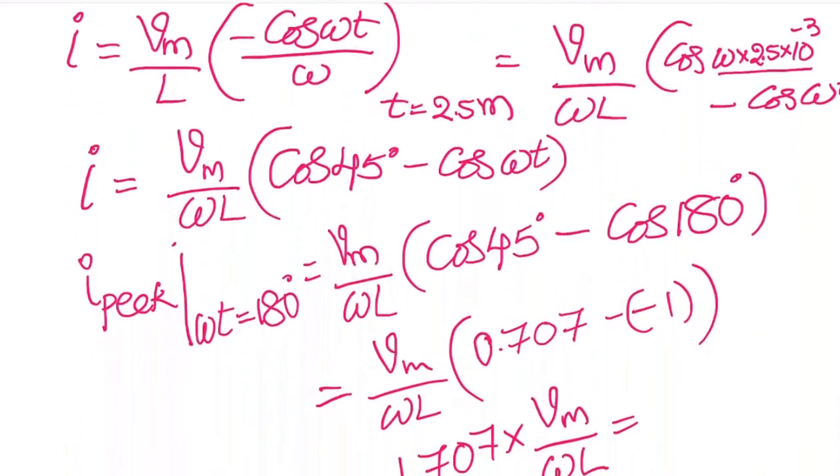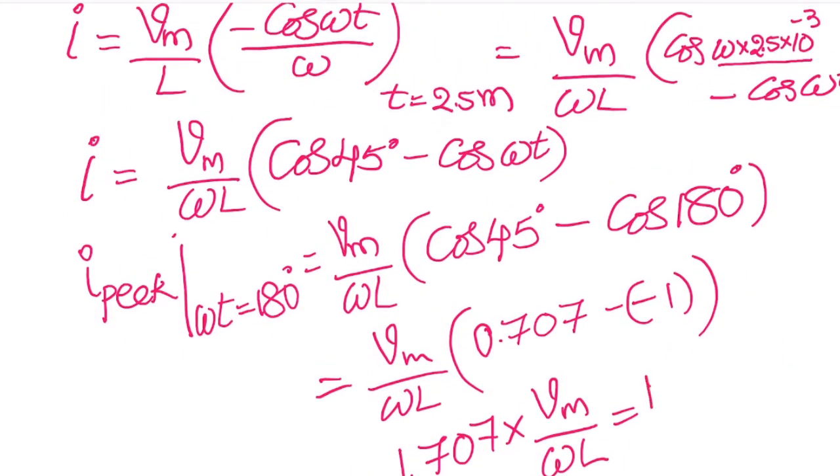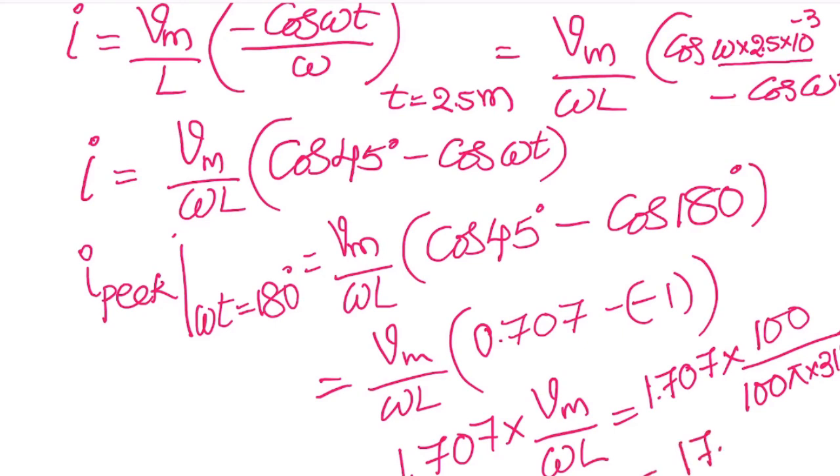If I substitute, it is 1.707 into 100 by 100 pi into 31.83 into 10 power minus 3. This will be 17.07 amperes. The final answer is that the peak value of the inductor current in this case is 17.07 amperes.